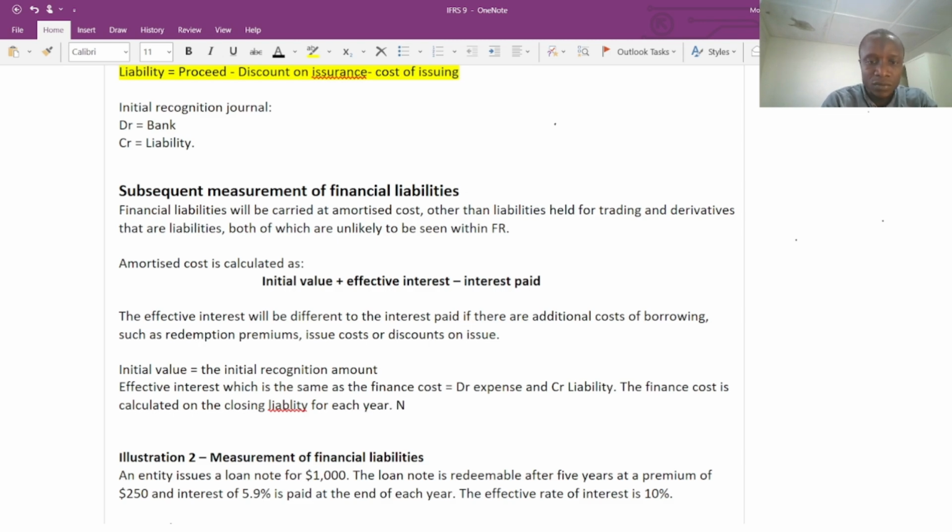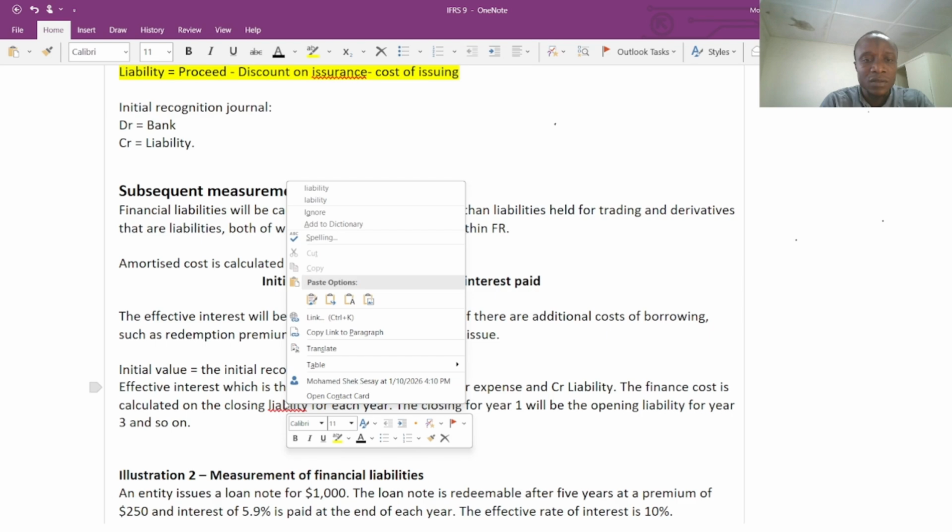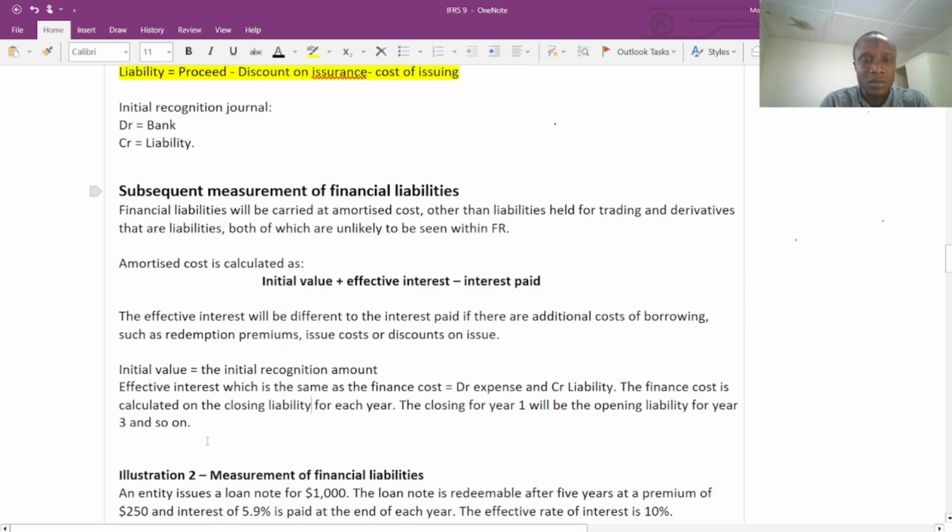Now, the closing liability for year one will be the opening liability for year two, and so on. So basically, when we are going to calculate the finance cost for year two, we are going to use the closing liability for year one.